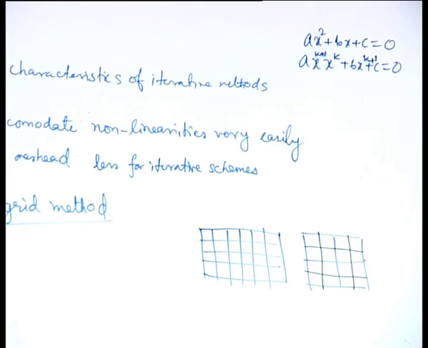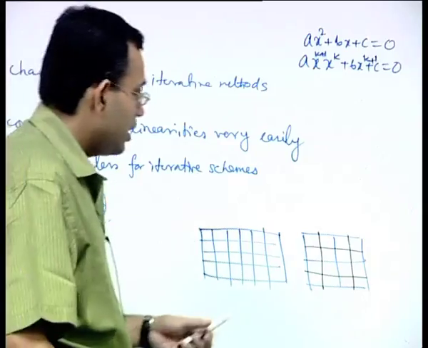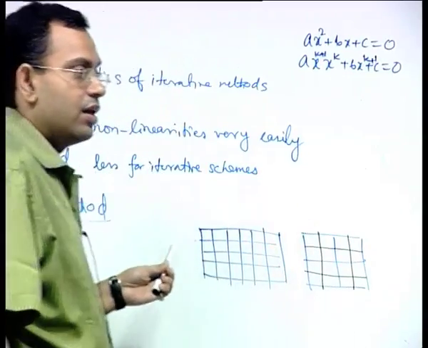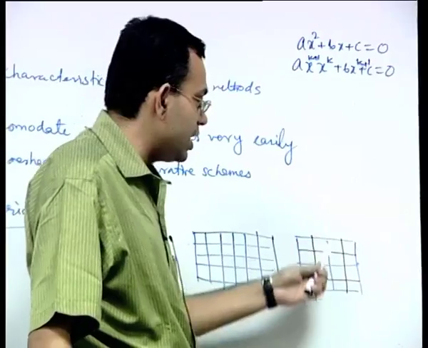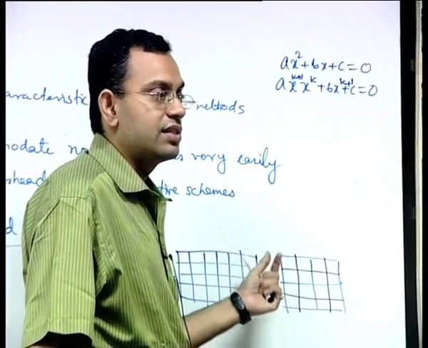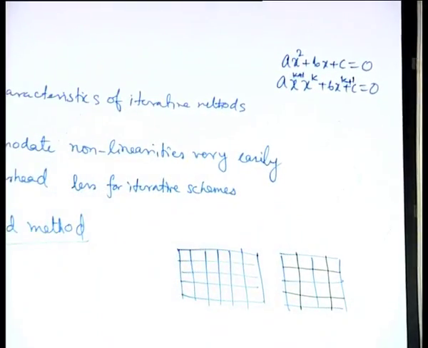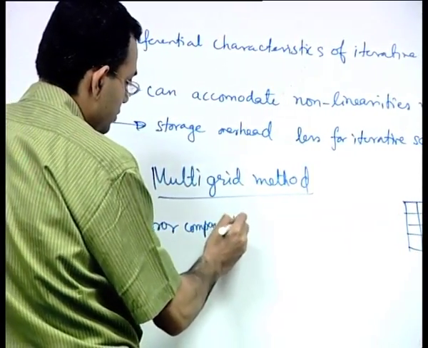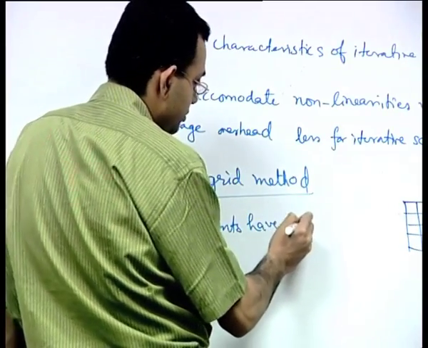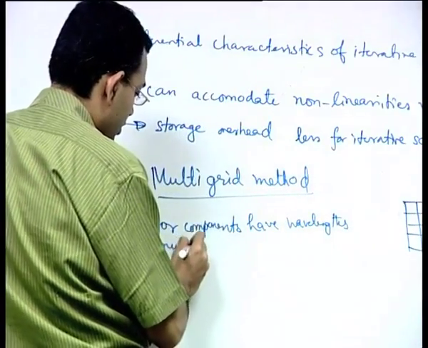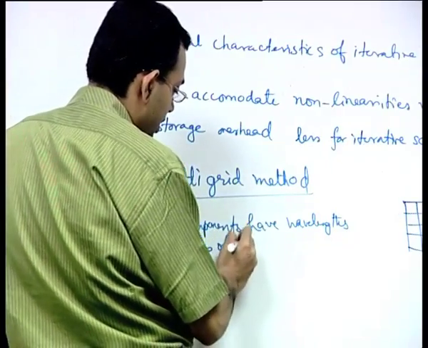Now if you make a spectral analysis of the errors, then errors in an iterative scheme have wavelengths which are multiples of the mesh size. So let us note that first. Error components have wavelengths multiples of the mesh size.